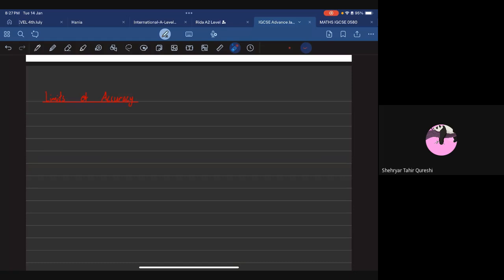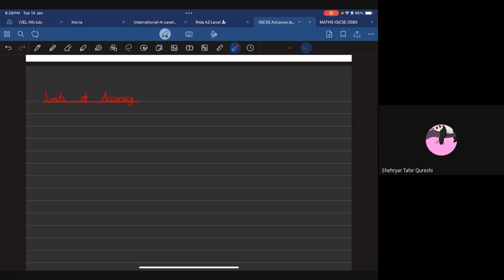For example, if your question is written in three decimal places, and it's not specified how many you need, you can write your answer in the same style, which is three decimal places.